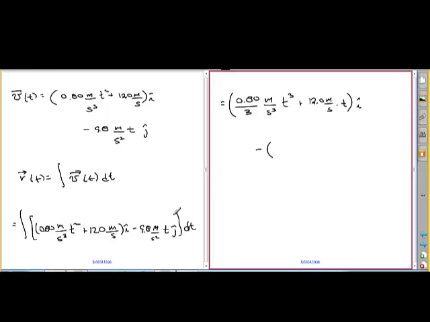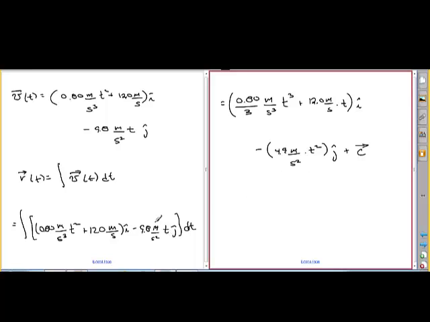Now when I integrate the y part, the integral of t is t squared over 2, so I'm going to take 9.8 and divide by 2, which is 4.9 meters per second squared times t squared, whole thing times j hat, plus my arbitrary constant vector, which again is different for my second case, when I'm talking about the displacement vector.